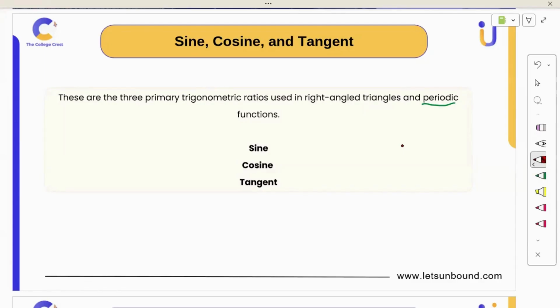So we give each of them a name: sine ratio, cosine ratio, tangent ratio. Now we are going to learn these ratios as functions. They also act as periodic functions. That's the aim of the entire Unit 3 of this AP Precalculus.